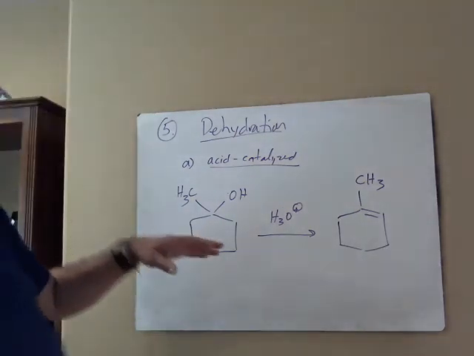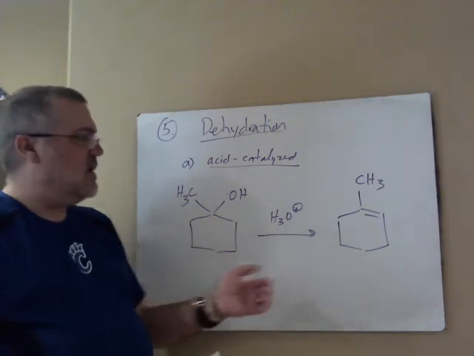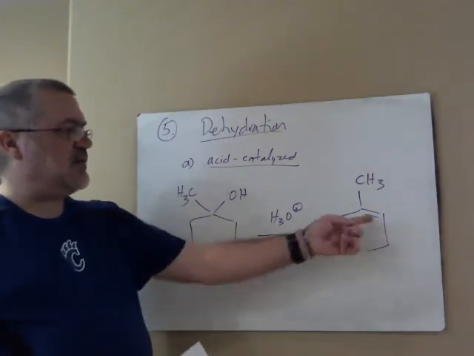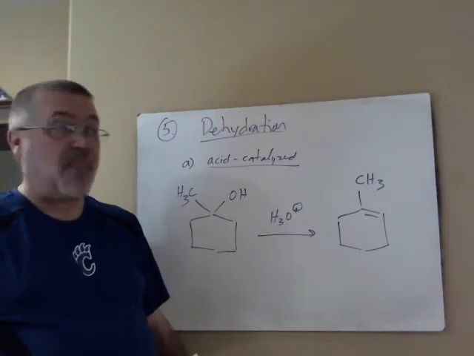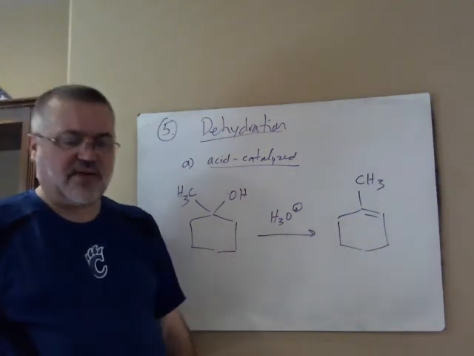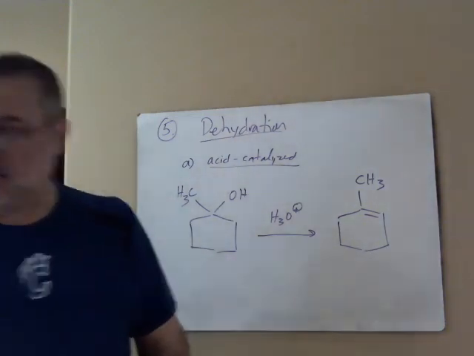Okay, and remember, this is Zaitsev's rule that governs this. So I'm drawing this product because this is the more substituted double bond. Okay, and we remember Zaitsev's rule from last semester. So this is going to be the major product that forms.